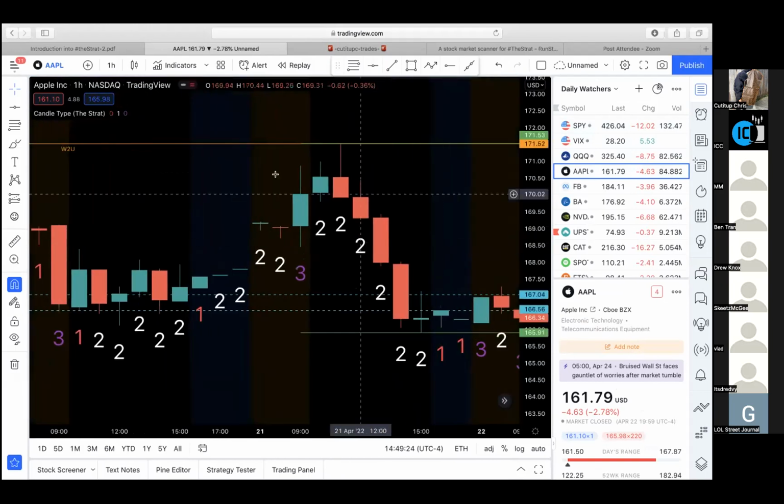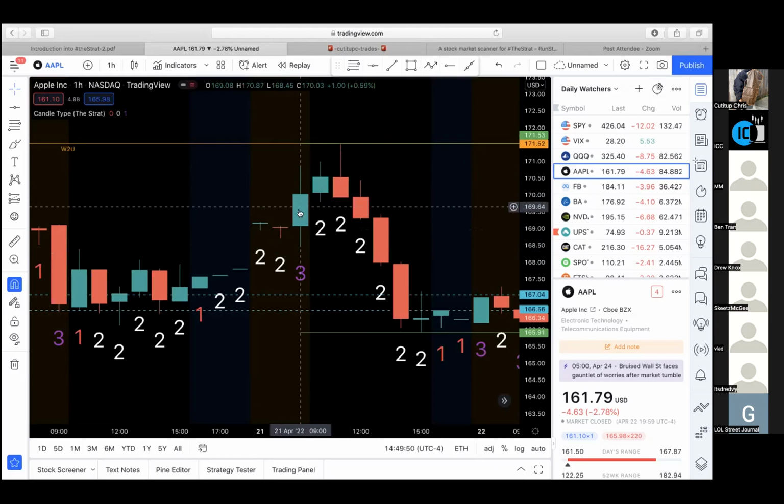April 21st was a 3 bar, an outside day. It was a failed 2 up that turned into a 3 and it reversed all the way back down. So this is how we can gauge if a 2 up is going to fail or if it's going to move in force. And this is why I wait out the first hours of the day.